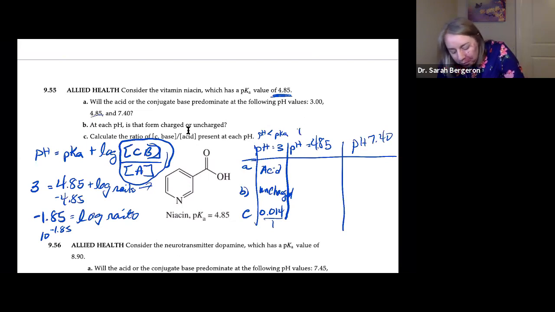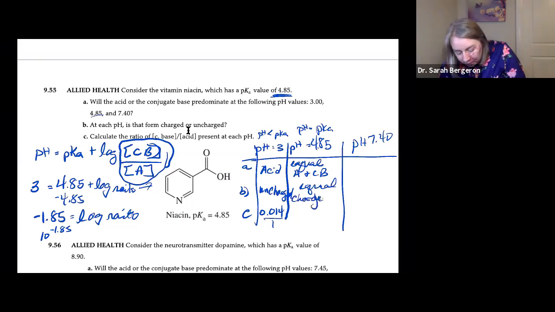Oh, here our pH is equal to our pKa. If your pH is equal to your pKa, by definition, that means you have equal acid and conjugate base forms present. So then you have equal amounts of charged and uncharged.